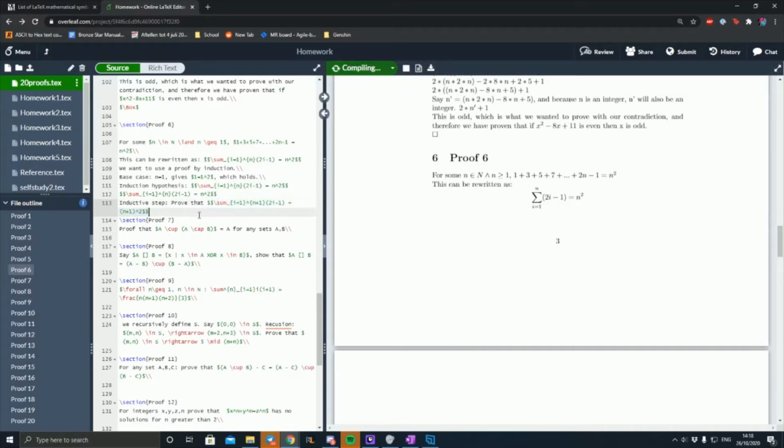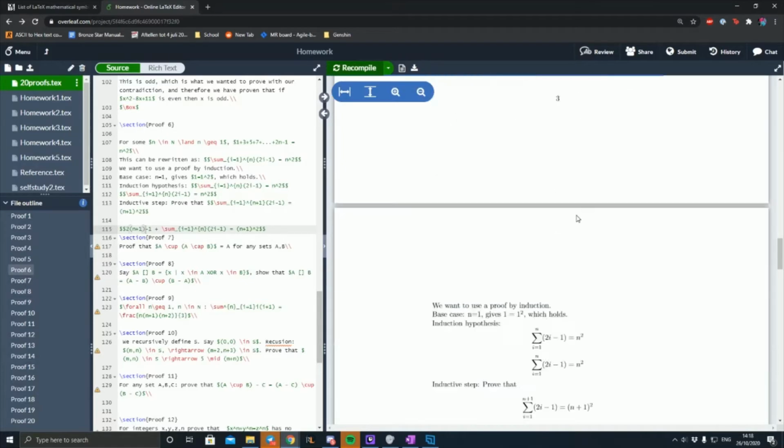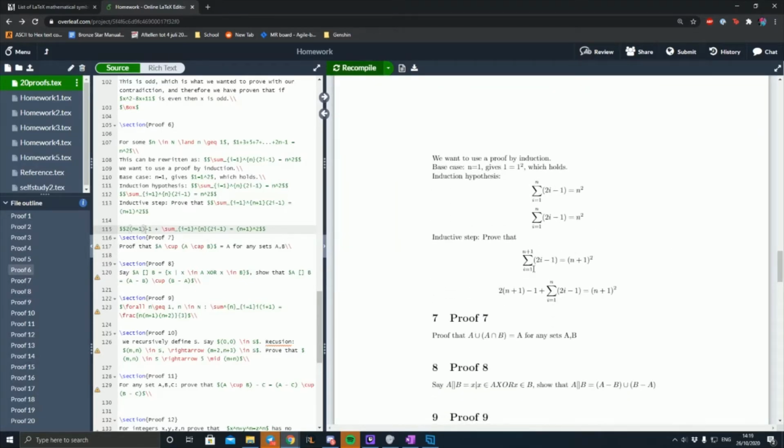Okay, so we take this. Again, like what I did before, taking one term out of the sum, I can change this into the sum of this plus the term with i being n plus 1. We fill in n plus 1 here.